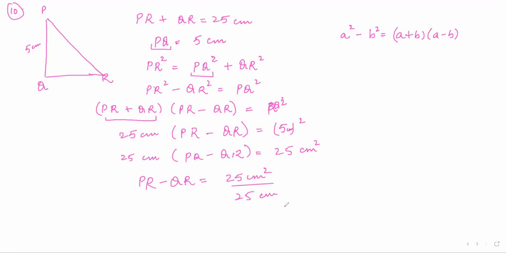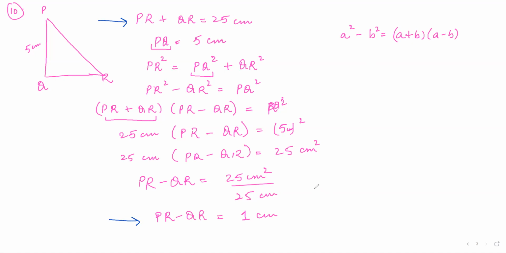So 25 will get cancelled out, and only 1 centimeter will remain here. So PR minus QR is equal to 1 centimeter. So you have got two things now: PR plus QR is 25 centimeters and PR minus QR is 1 centimeter, right?